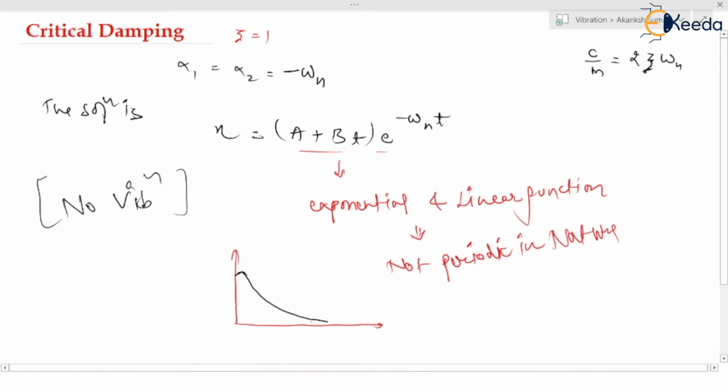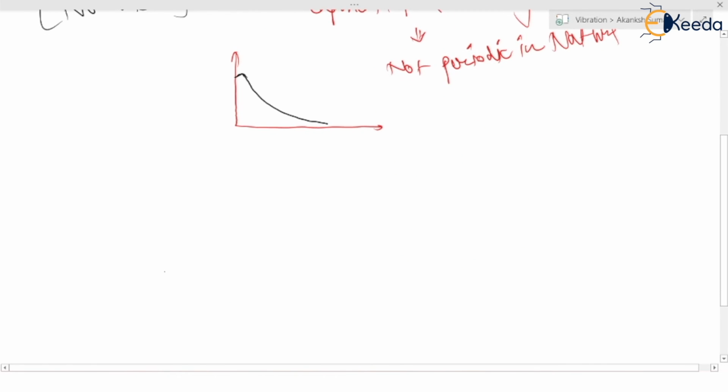So you just have to note down that critical damping response is much faster than over damping. You can see here in the over damping it will take much time, but in case of critical damping, the response is very fast.